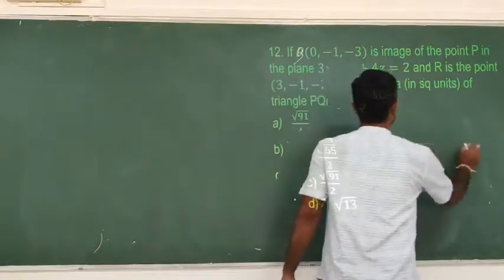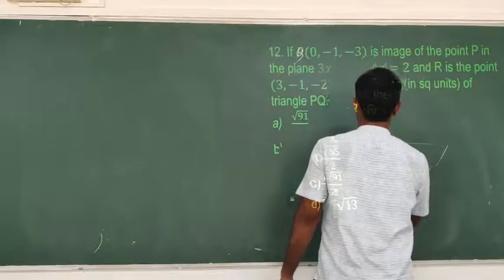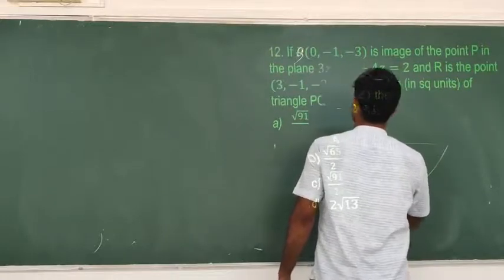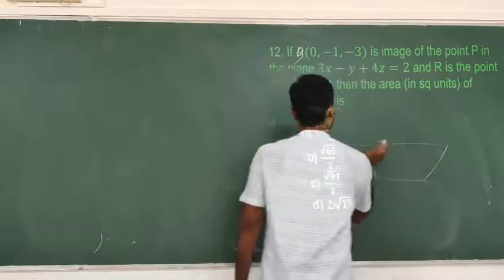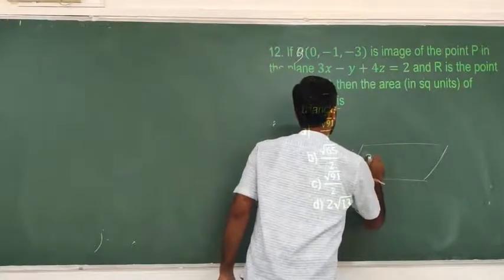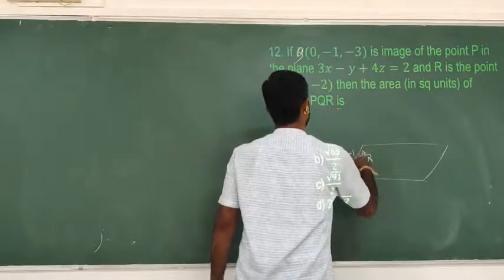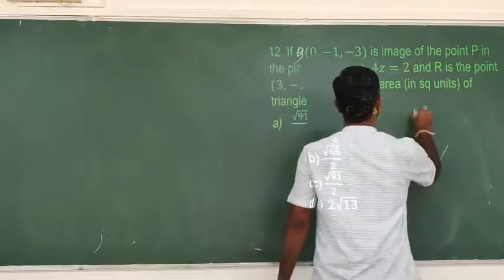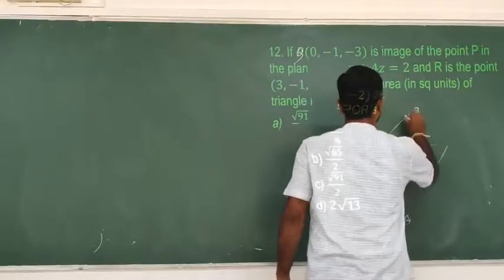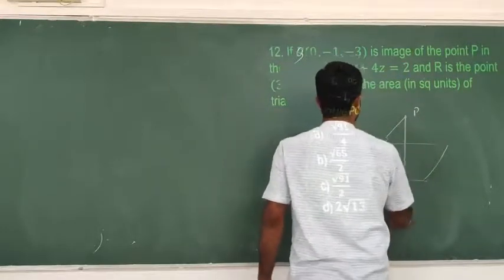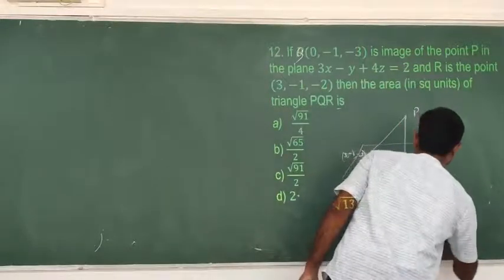Okay, so consider this is the plane. In this plane, point R is there, with coordinates of R being 3, -1, -2, and this is P and this is Q. The coordinates of Q are 0, -1, -3.